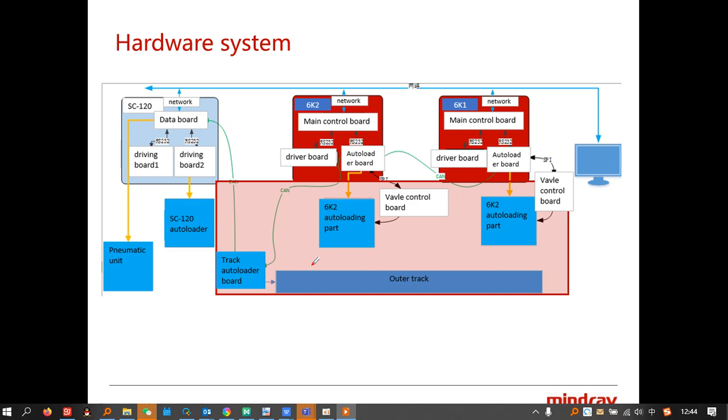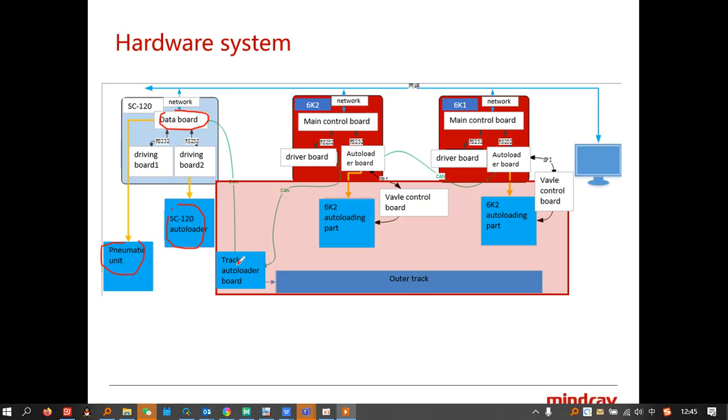Okay, this hardware diagram is quite clear. You can see the PC connects to the analyzer and SC, and the CMU will distribute the instruction to the main control board of the SC, and then SC will control its autoloader and control the pneumatic unit and control the track autoloader board.